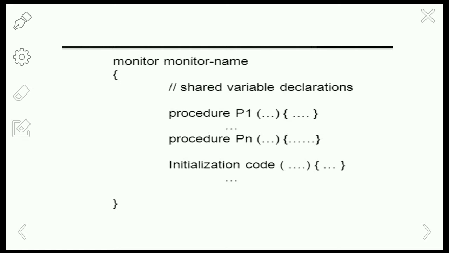The monitor is similar to function calling in the C programming language, in how parameters are passed to a function. A monitor will have n number of procedures with the initialization code. A process can access only one procedure at a time, and it can modify the variables.